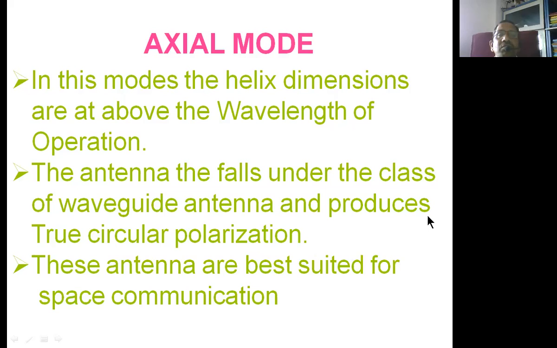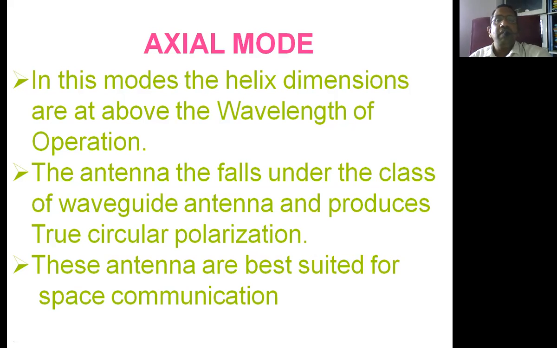In the axial mode, the helix dimensions are above the wavelength of operation. The dimension here means the circumference of the helix under consideration.